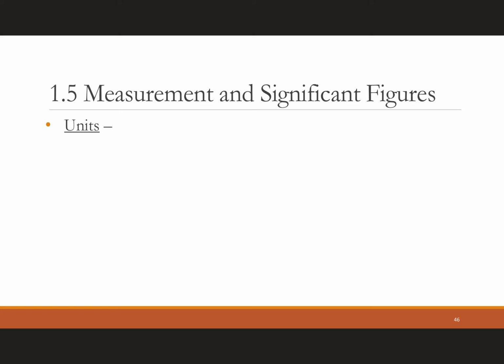We could measure the length of an object in inches or centimeters. We could measure the volume in ounces or milliliters or what have you. But again, a number by itself is just a meaningless abstract. You have to have some measurement to it for it to make sense scientifically.